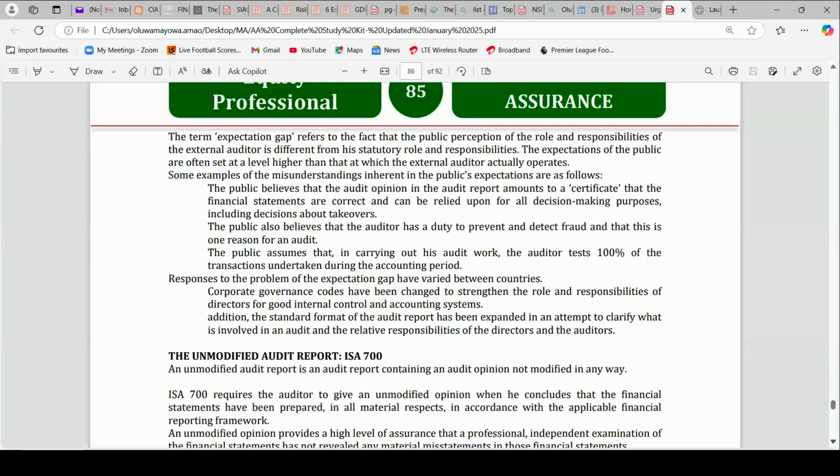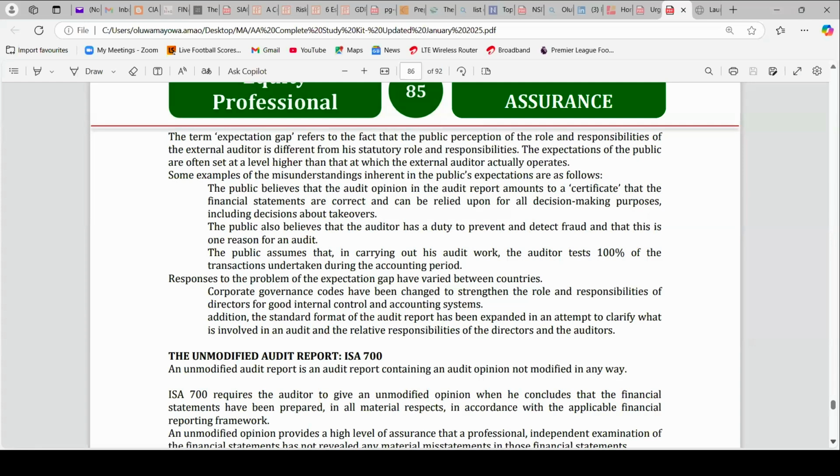So they are not expecting much from the audit work because they don't believe that the audit work is up to standard, that the performance of auditors has dropped. The auditors are not doing anything, they are just coming to check audit evidence. So that's performance gap, that the audit work has fallen below standard, that we are just doing audit because they require us to. So that's the second one, performance gap.